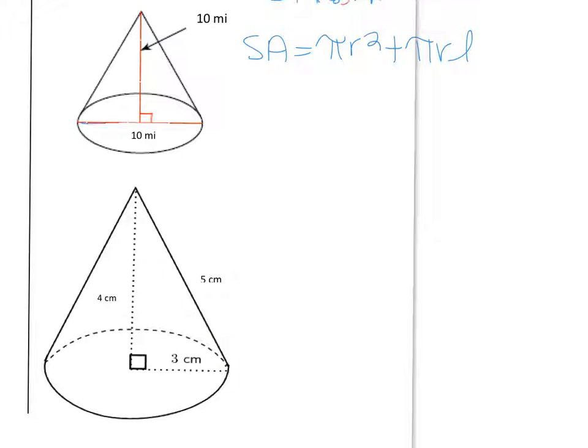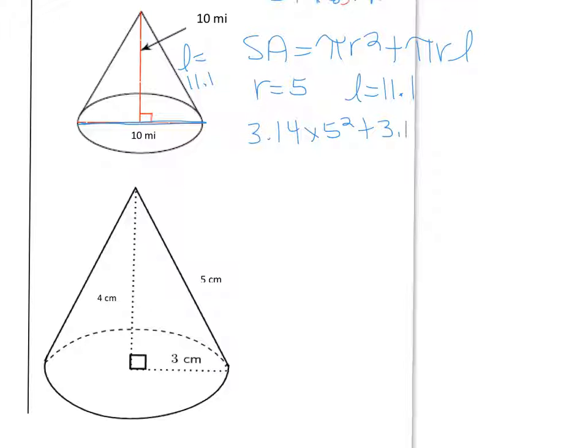The entire diameter is 10 for the circle, so that means the radius is 5. The slant height is on the outside, and I gave that to you as 11 and 1/10. So now you need to plug those in. Of course, if I didn't give that to you, then you would have to use the Pythagorean theorem to find that.